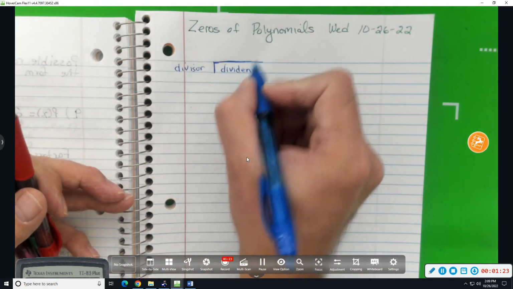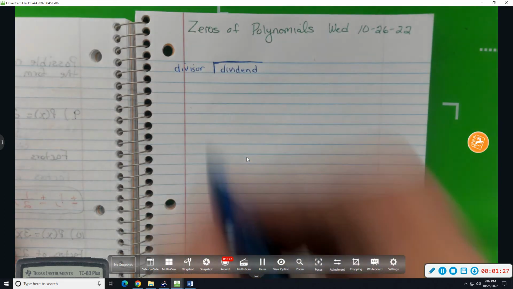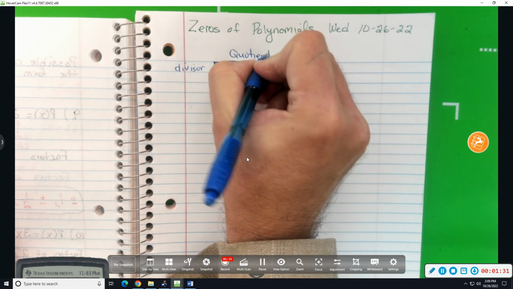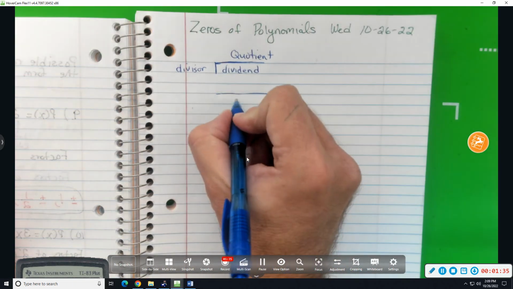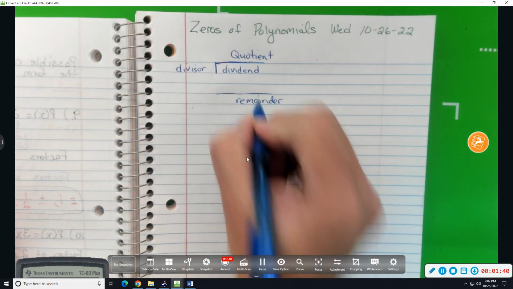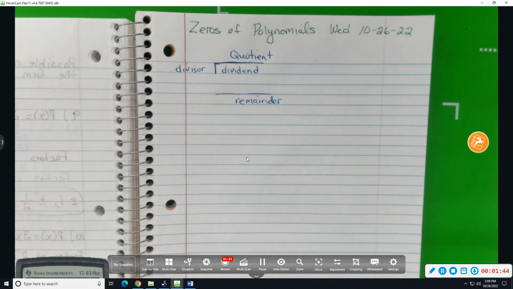The answer to a division problem, which goes up here, is called the quotient. And sometimes you might have a remainder. So you have dividend, divisor, quotient, remainder.